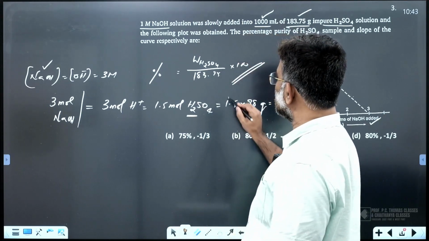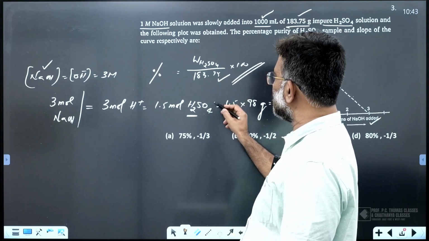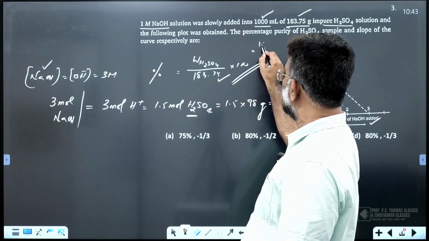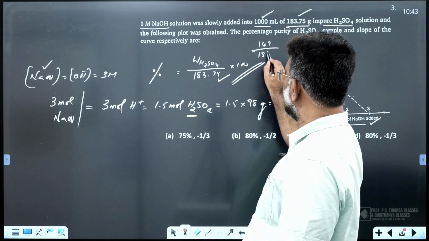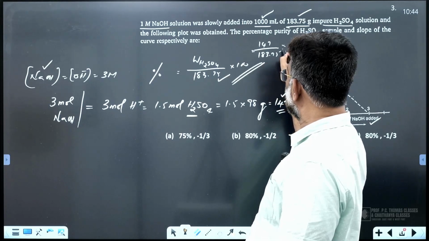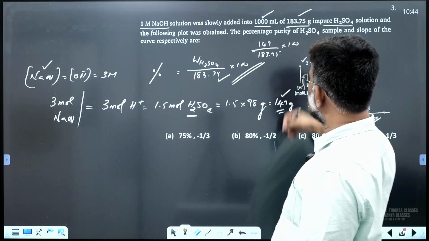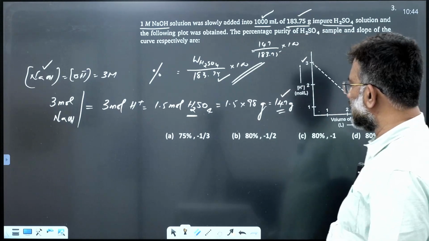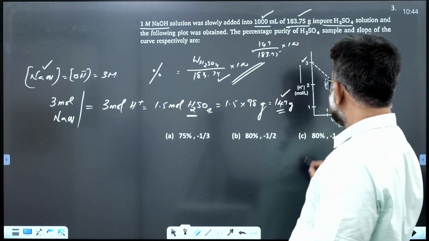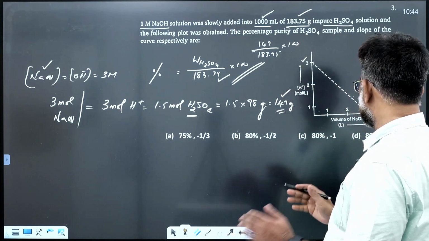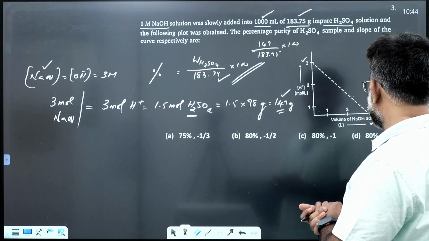And the mass of sulfuric acid taken is 183.75. So purity will be 147 by 183.75. It is approximately 0.8, that is 80%.